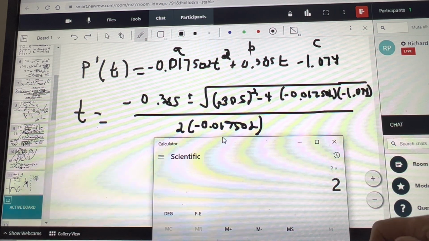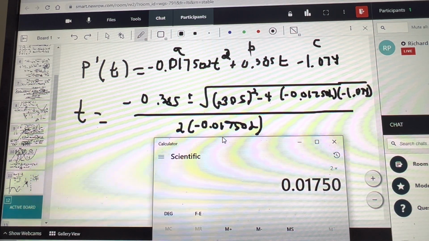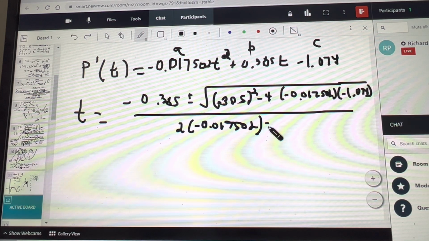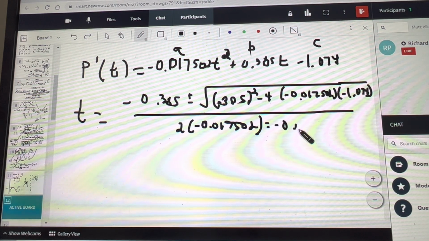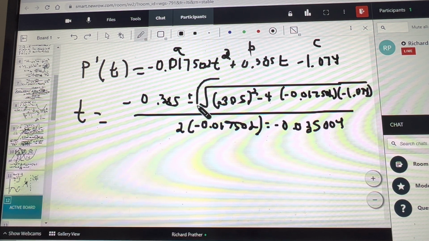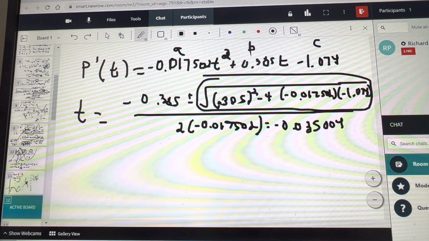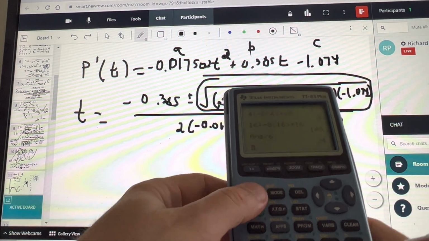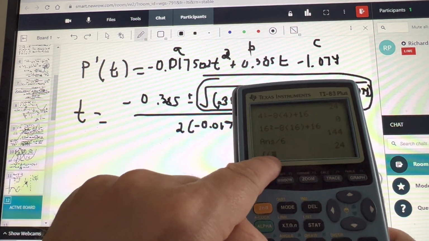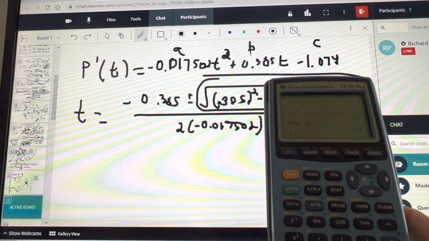So 2 times 0.017502 will be negative. The bottom is going to be negative 0.035004. And we got a negative out here. So this part right here, if you have a graphing calculator, you can do that all at once. So I can do that real quickly here and hit square root. Now a parenthesis already pops up because you might want to do more than one thing, like I want to do here.